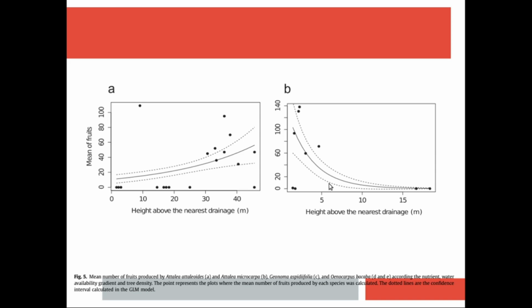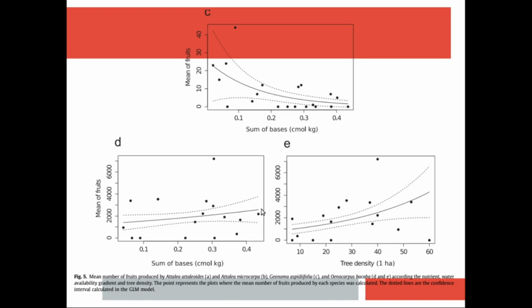So it likes fruiting very near the water, while Attalea attaleoides gets many more fruits away from the water, which is funny because we think that the Amazon forest is really homogeneous, and it's really not. There is a lot of heterogeneity and variation at the micro scale.